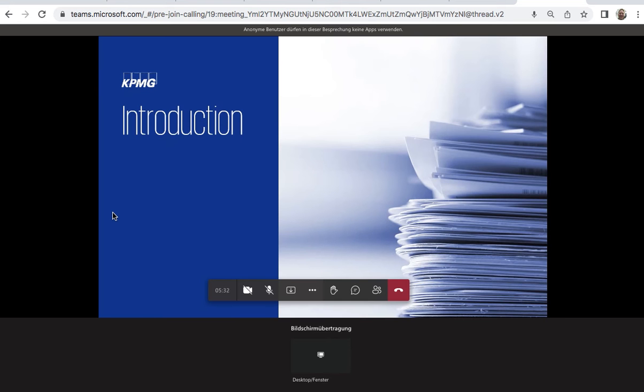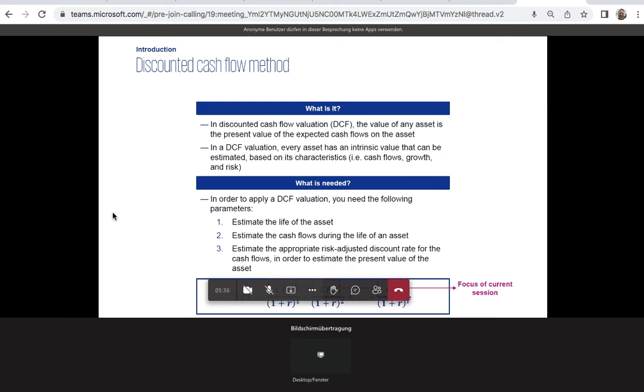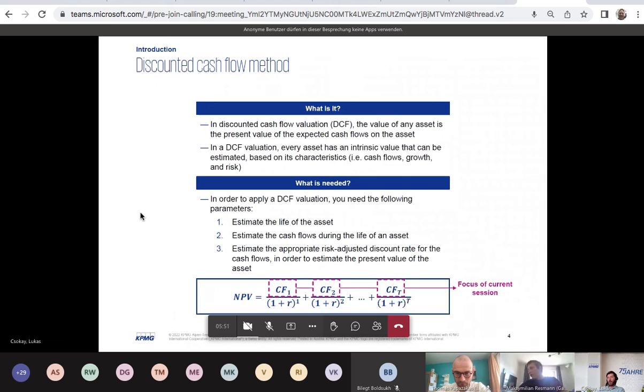Let's start with the introduction. As you already might know, DCF valuation, discounted cash flow valuation, basically values an asset or a company based on expected future cash flows.